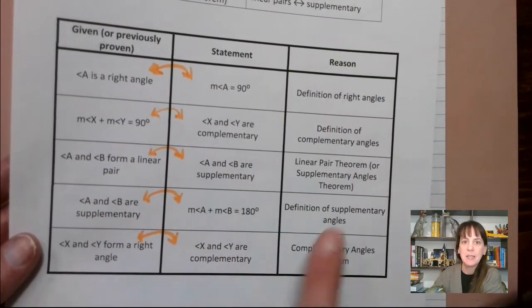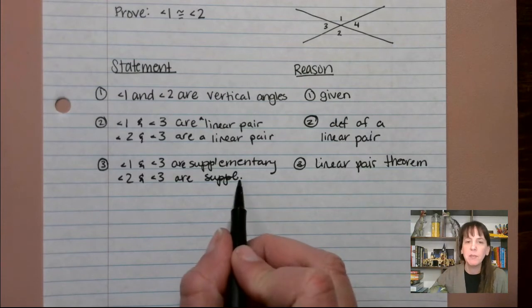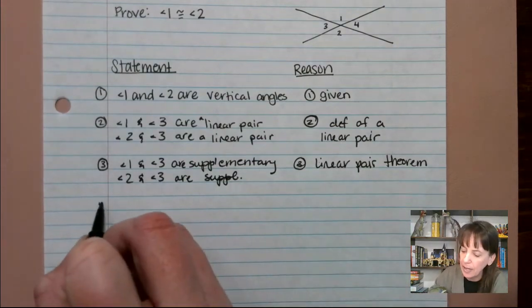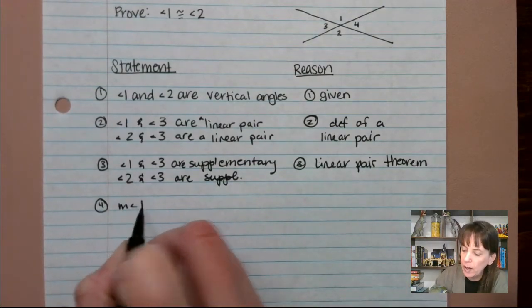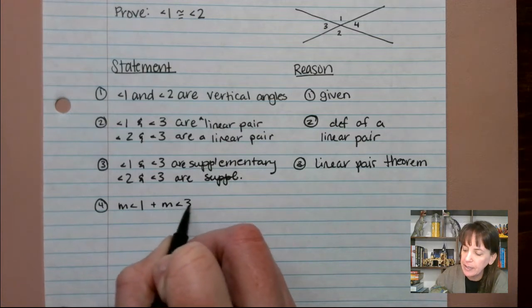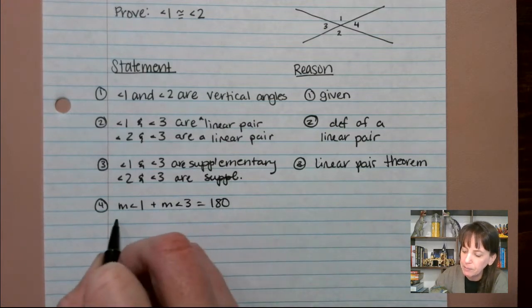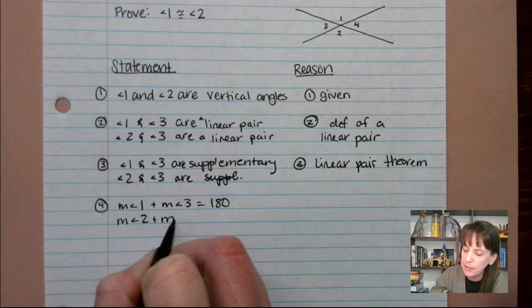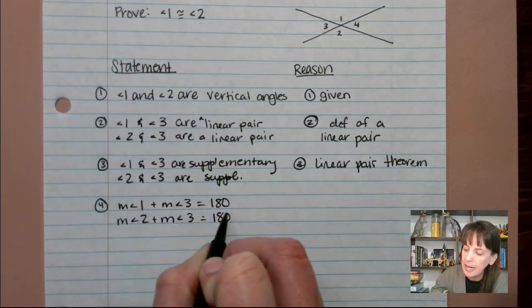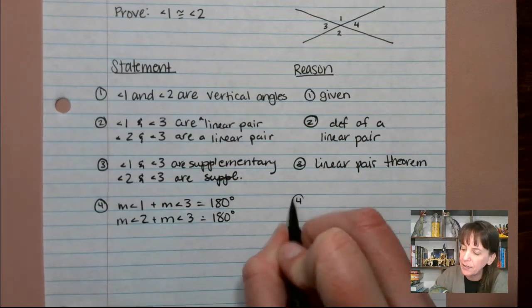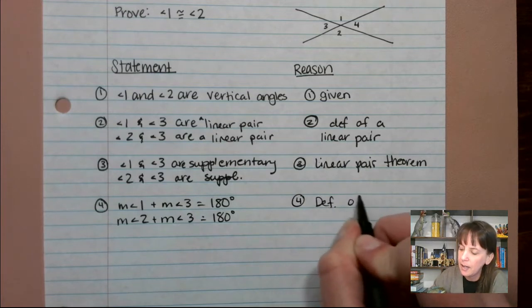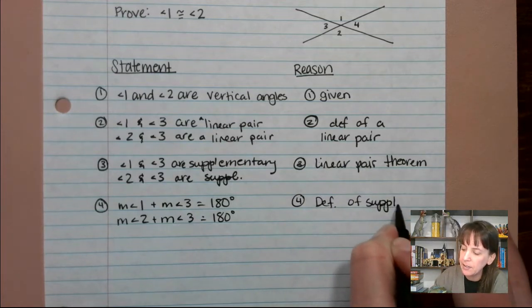Supplementary 180, that's going to be the definition of supplementary angles. So now we can say the measure of angle 1 plus the measure of angle 3 equals 180 degrees. The measure of angle 2 plus the measure of angle 3 also equals 180 degrees, because that is the very definition of supplementary angles.